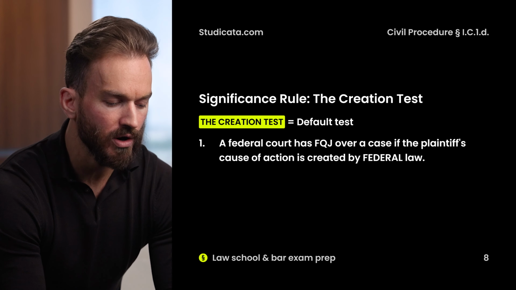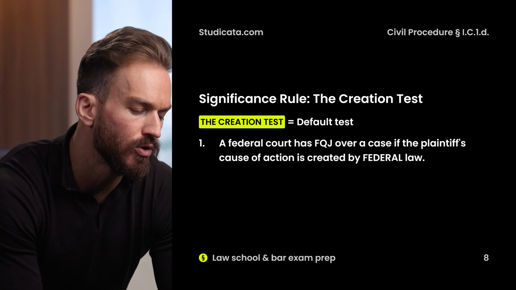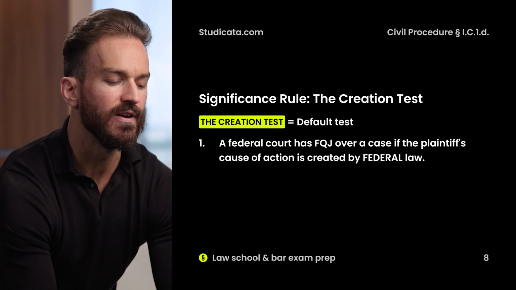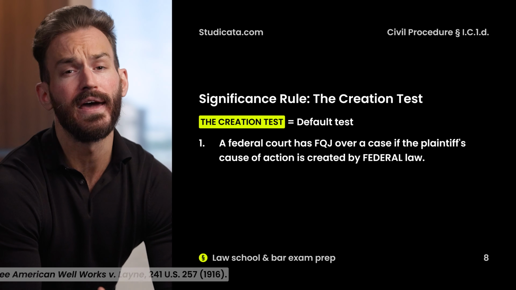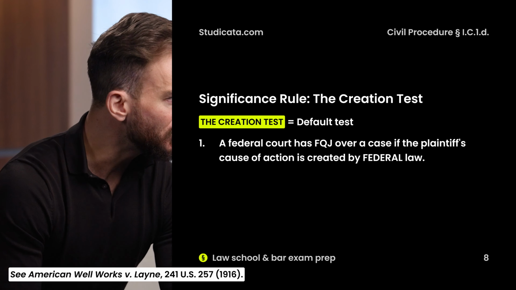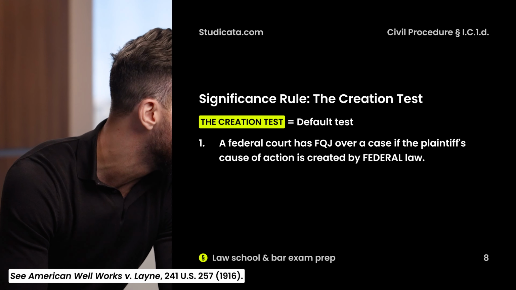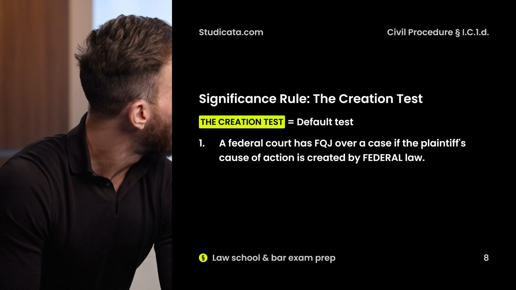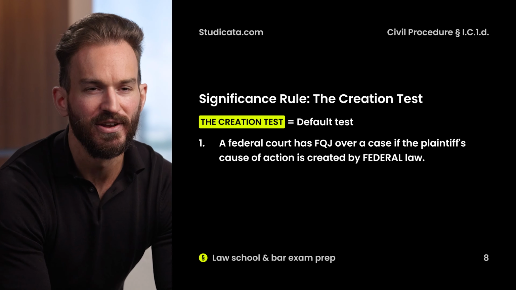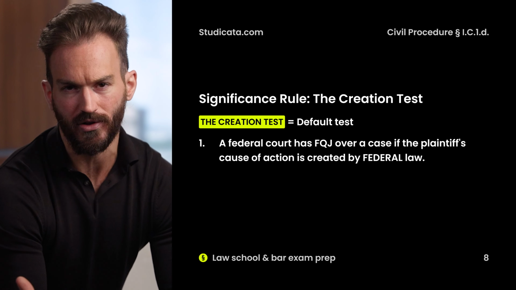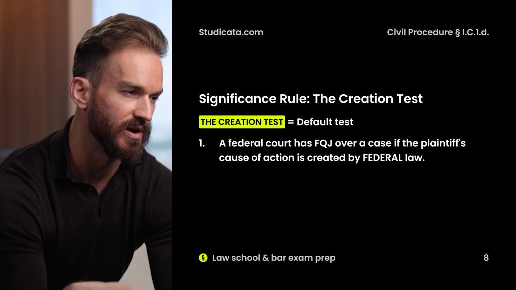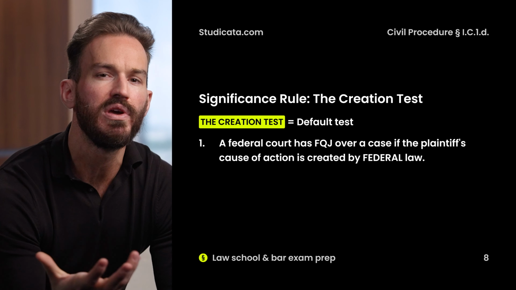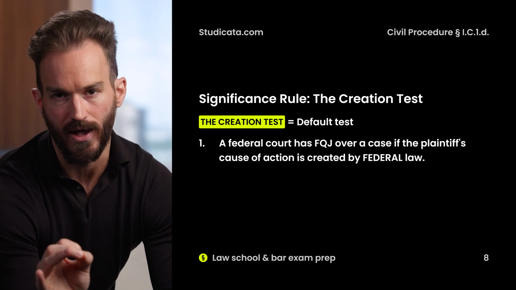Okay, a federal court under the creation test has federal question jurisdiction over a case if the plaintiff's cause of action is created by federal law. So an easy example of this might be the FTCA. We know that, typically speaking, tort claims are state law claims. If plaintiff sues defendant for negligence, typically we assume that's a state law claim.